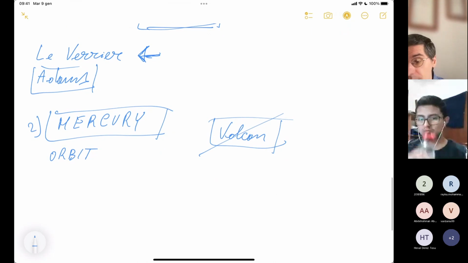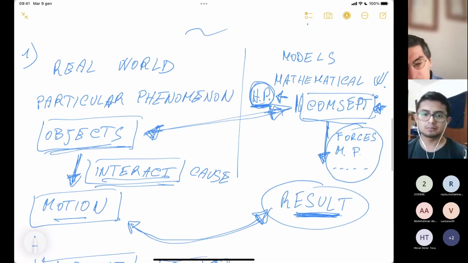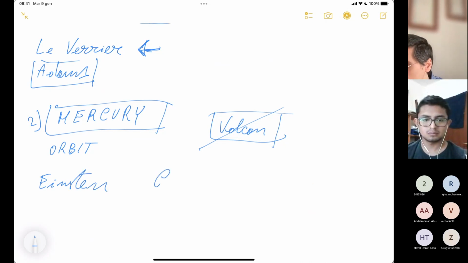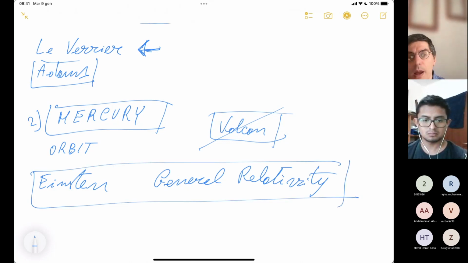What is interesting in this case is the fact that if you abandon the hypotheses of classical mechanics, and this calculation was made by Einstein with the general relativity, using some hypotheses which are different from classical mechanics, the hypotheses of general relativity, Einstein was able to recover from his theory the correct orbit of Mercury with a very, very small error.